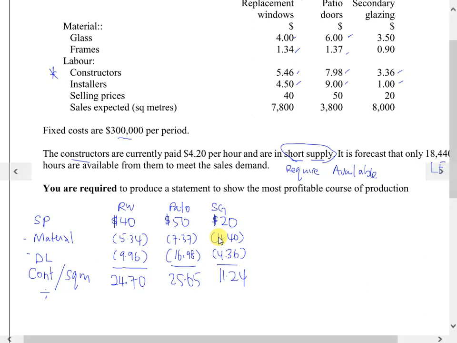How many hours are required for the constructor? 5.46 divided by 4.2, 1.3. You got 1.3. Correct, correct.